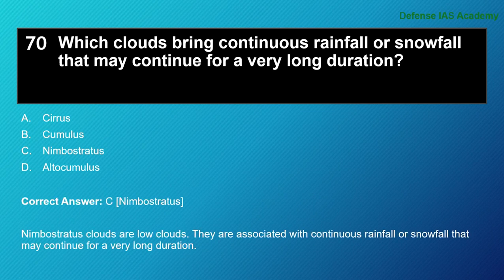Which clouds bring continuous rainfall or snowfall that may continue for a very long duration? The answer is nimbostratus. Nimbostratus clouds are very low clouds and they are associated with continuous rainfall or snowfall that may continue for a very long duration.